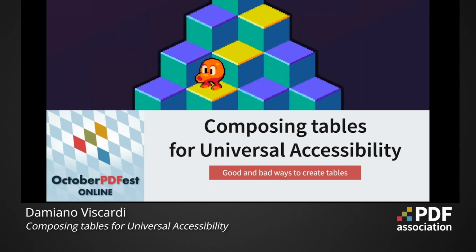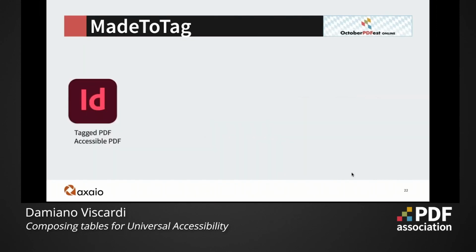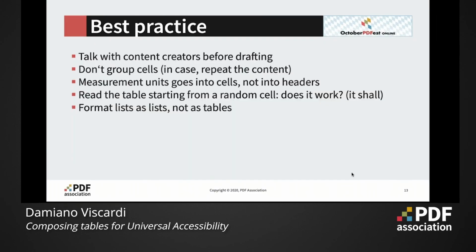So in your slide 13, you point out measurement units should go into cells rather than in headers. What did you mean by that? You gave the example of currency. Okay. Well, I can go back to the slide. It's where I talked about overloaded headers.